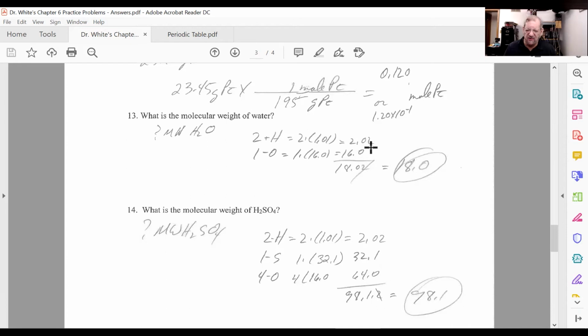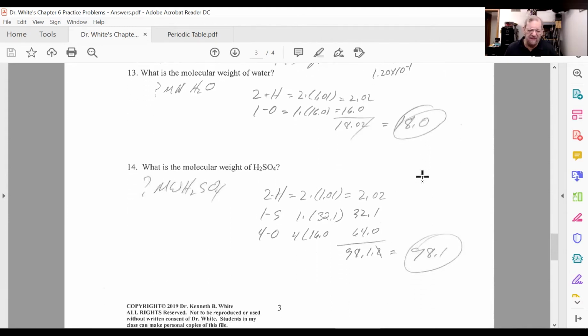The first number, 2.02, has 2 past the decimal, 16.0 has 1 past the decimal. Therefore, you round this off to 1 past the decimal, keep the 0. This 2 is 4 or less, so I drop it. Everything to the left, you don't ever round off in addition. It took me a while to acknowledge that's right, because at first it didn't sound right, but it is. So the answer is 18.0.